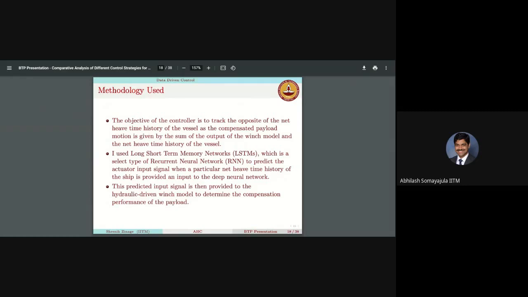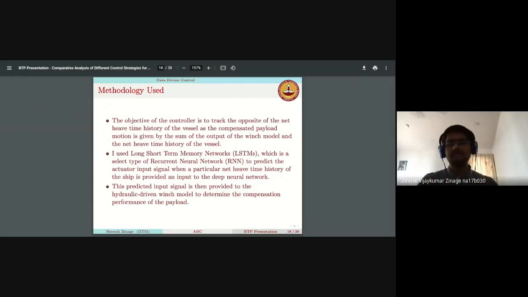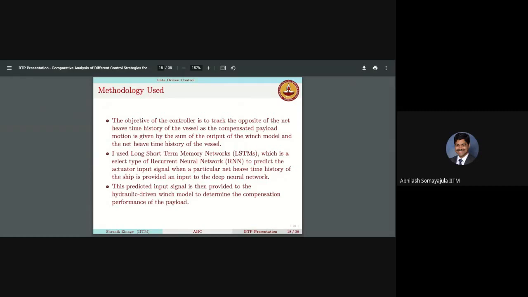It's a feasibility study: whether long short-term memory networks are capable of learning even a basic control like a PD control, are they capable of learning that behavior or not? That was the primary goal behind this.